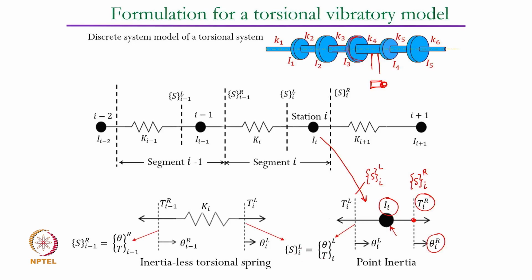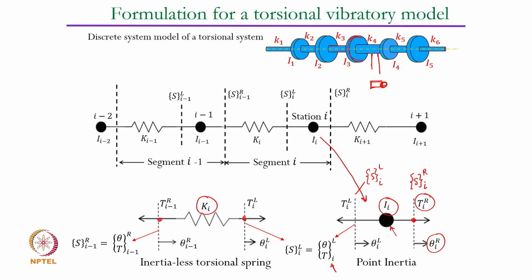So the state vector on the left of the ith station is in terms of its twist and torque values. The spring element, which defines the torsional stiffness of the shaft, has two state vectors on both ends.